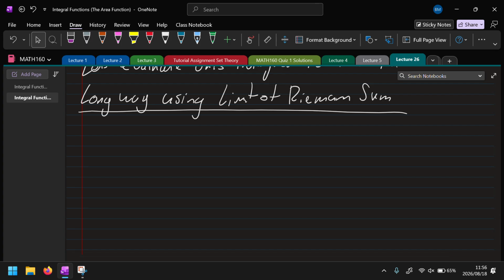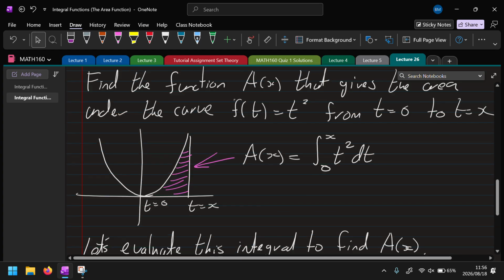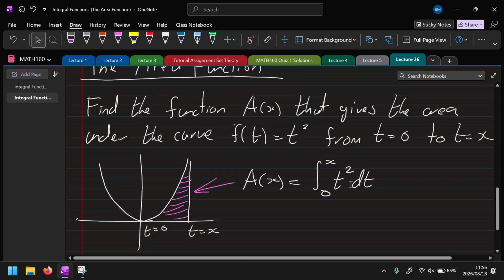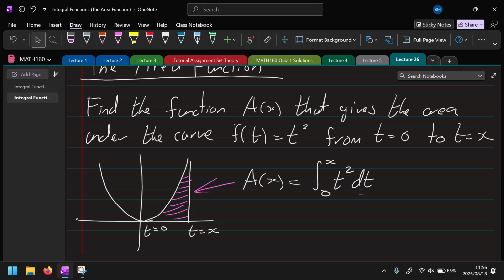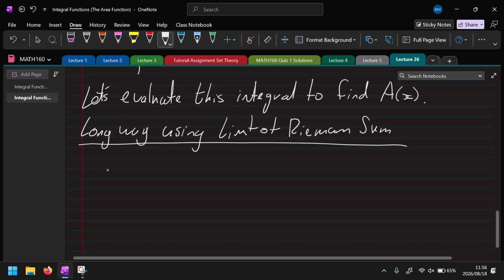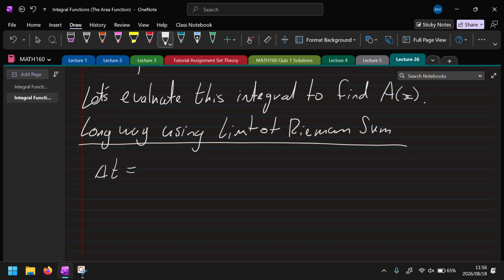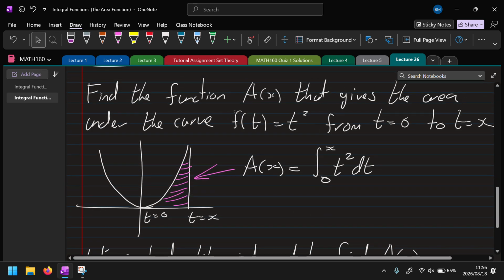So let's set this up. Notice here we are integrating with respect to t. So we're not going to have delta x and f of x and all of that. It will be in terms of t. So please do not mix that up. We're going to have a delta t. That's going to be the upper bound minus the lower bound over n.